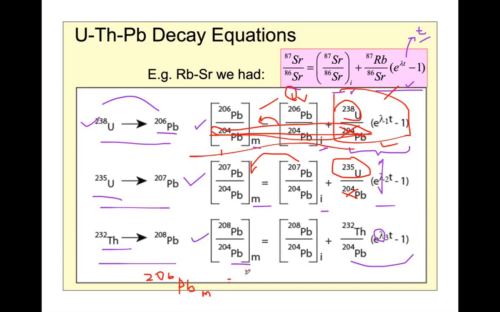what? 206, it's difficult for me to write. 206 lead, initial amount of 206, plus what you have, this term means radiogenic decay, that means 238 uranium, e lambda t minus 1.